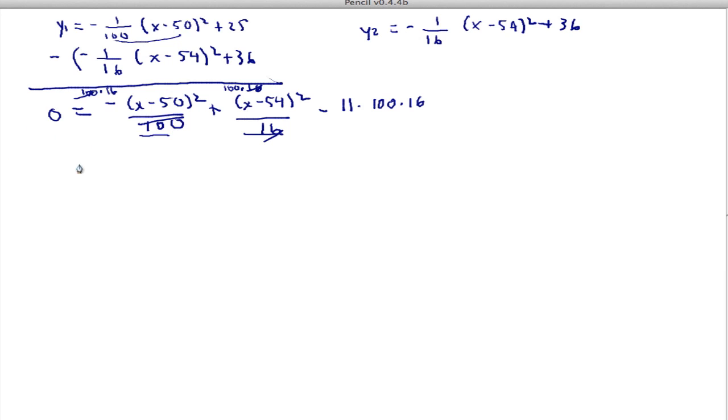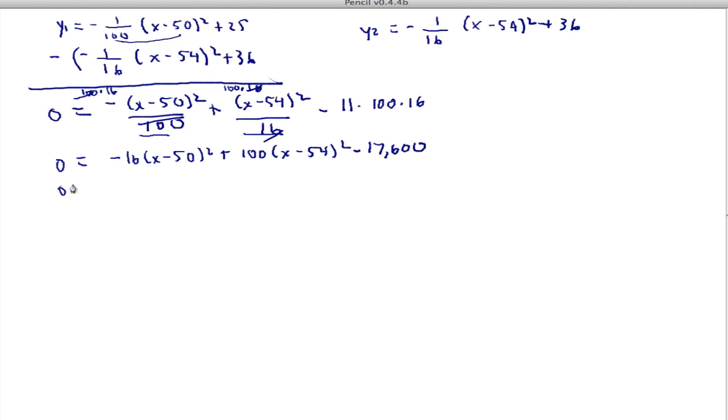Okay, so 0 is equal to negative 16 (x minus 50) squared plus 100 (x minus 54) squared minus 17,600.